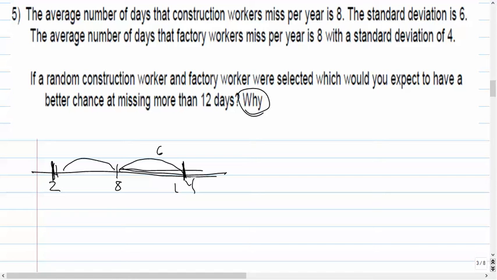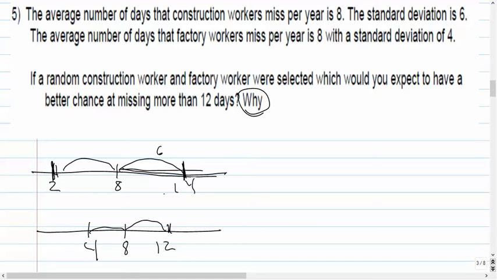But for our factory worker, we have the same mean, which is 8, but their standard deviation is 4. So if we go out 4 units to the right, we get 12, and if we go out 4 in this direction, it is 4. So if you want to kind of think about it, on average, most of your data is going to be between 4 and 12. Most of your data for the construction worker is going to be between 2 and 14.